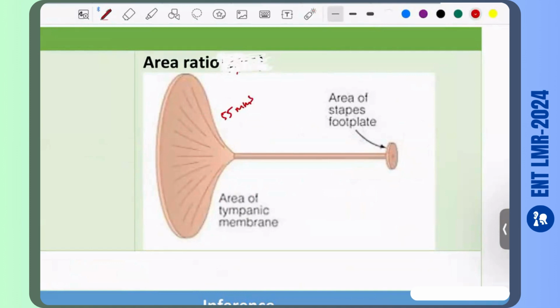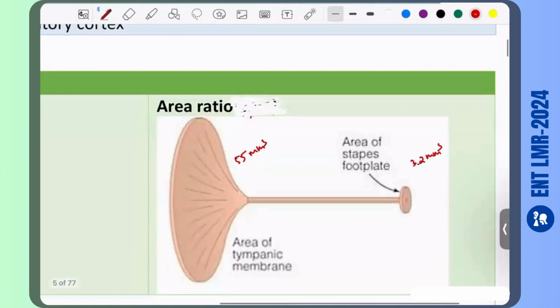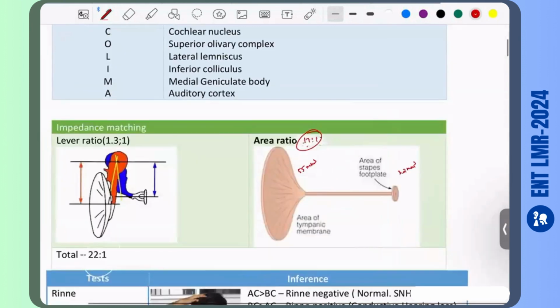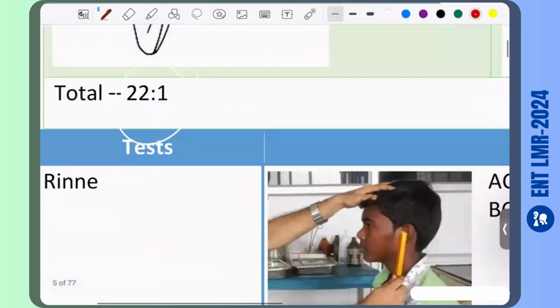The effective surface area of the footplate of stapes is around 3.2 millimeter squared. When we compare the surface areas of these two, starting and ending, we get a ratio of 17:1. Okay, 17:1. So when we multiply 17 by 1.3, the total we get is 22:1.